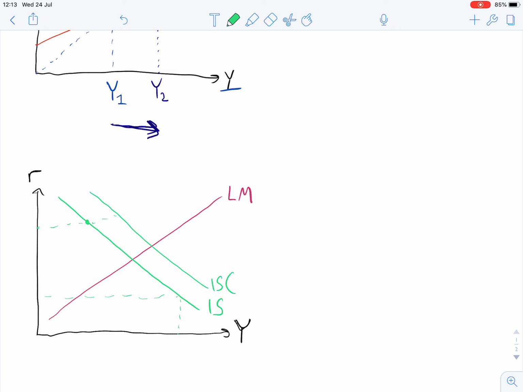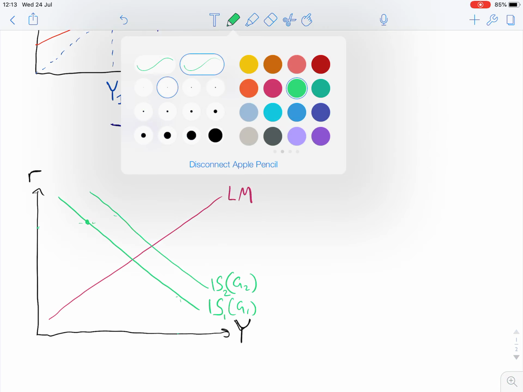And again, we can just remind ourselves that this was because of moving to G2, and this was because we were initially at G1. So this rightward shift in the IS curve tells us a few things.